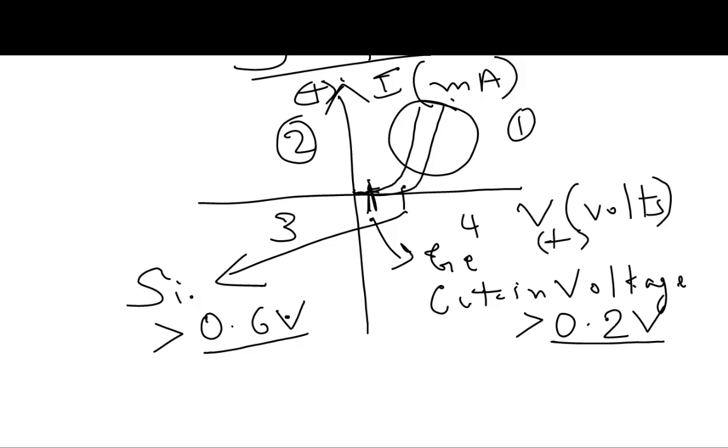With increasing voltage above barrier potential, the current increases suddenly, as now more and more electrons and holes can cross over the barrier without any hindrance, and this keeps continuing.